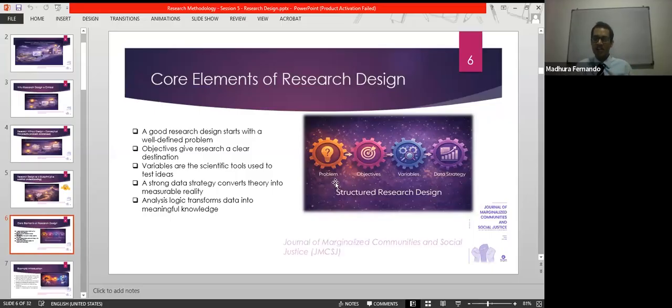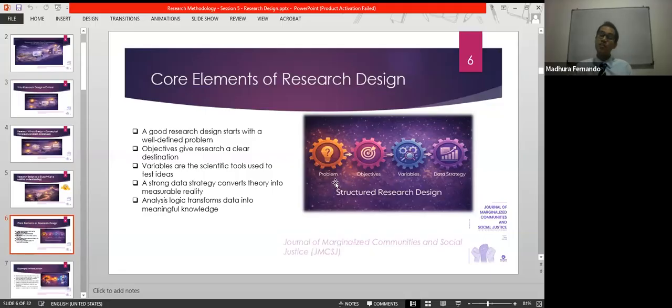Now this theory is well defined. So based on that theory, you develop variables, objectives, research questions, and your data strategy is dependent on that theory, because when there is an established theory, say it's a quantitative theory, then your analysis should be a quantitative analysis, because that theory is formed based on a quantitative approach used when establishing that theory.